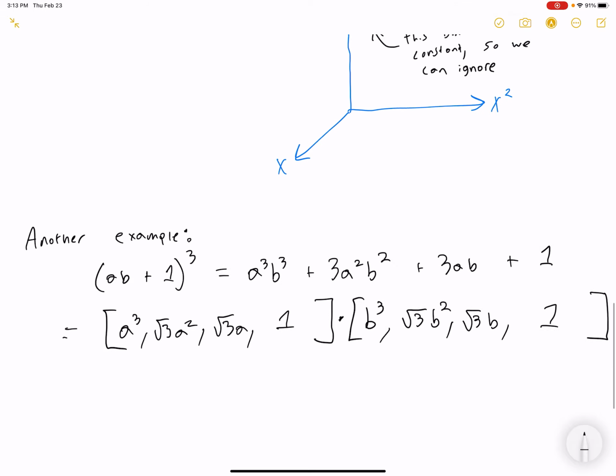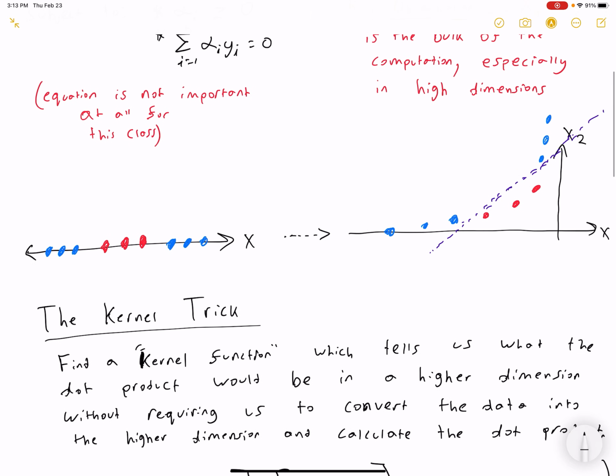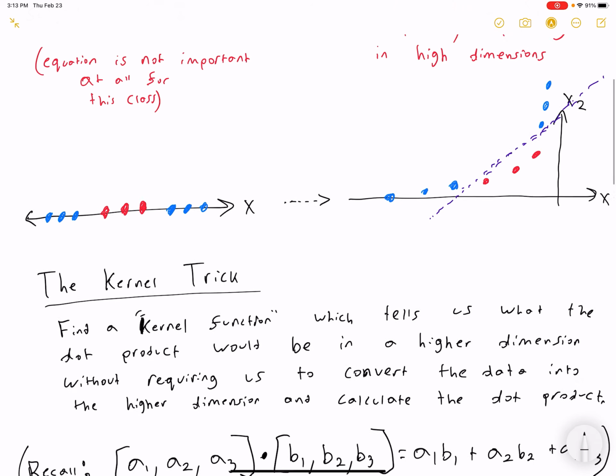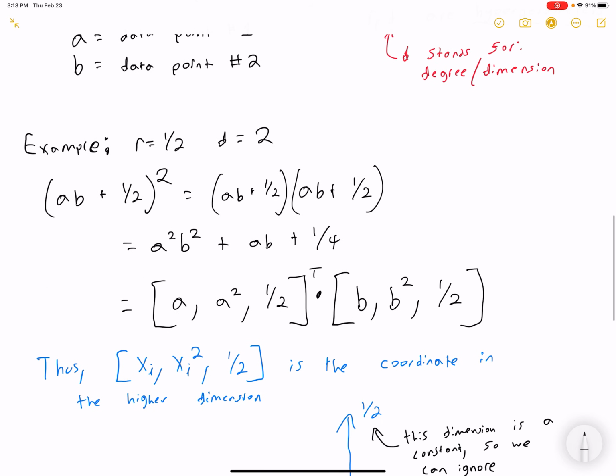In the top example, and also in this visual example up here, we projected the 1D data into 2D, where one axis was x and the second axis was x squared. This is exactly what we did with this version of the polynomial kernel, but if we make the degree of the polynomial 10,000, then we're projecting into 10,000-dimensional space with the corresponding axes. That's the kernel trick.